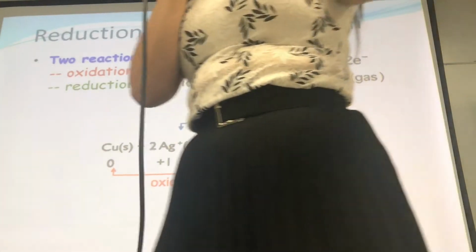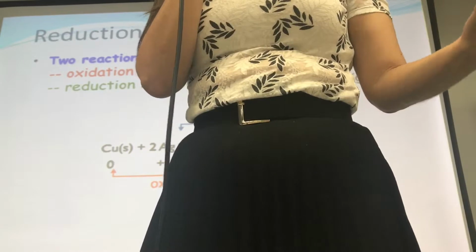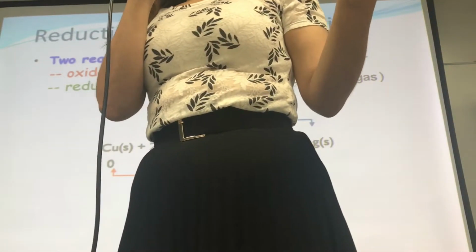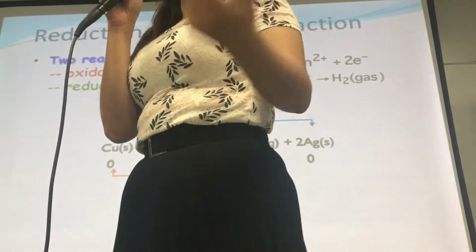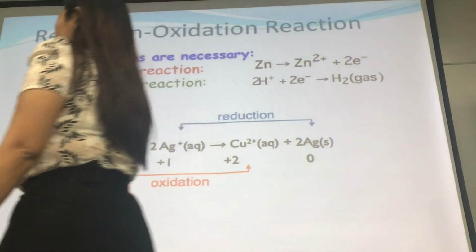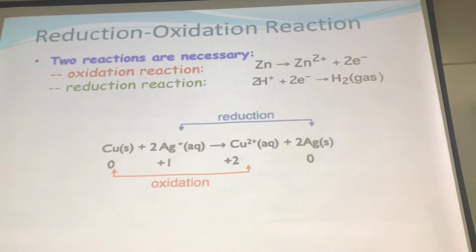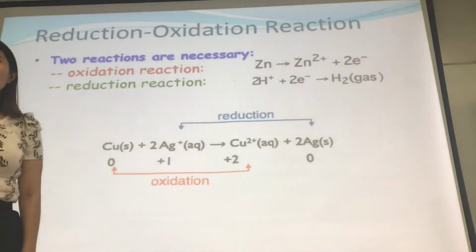Accepting and donating, which is which? Search for it, please. I'm not telling you, because if I tell you, you wouldn't remember. You should have memorized it a long time ago. Reduction means accepting, oxidation means giving. Reduction is accepting electrons, and oxidation is giving out electrons.